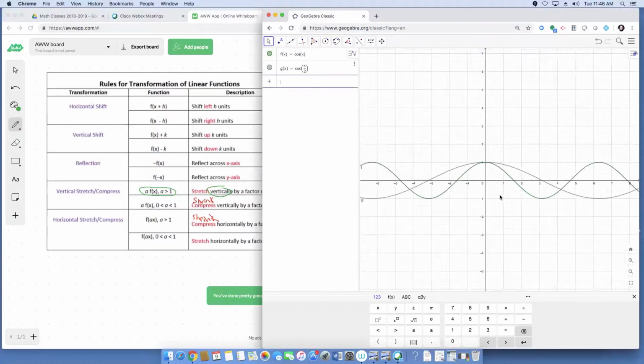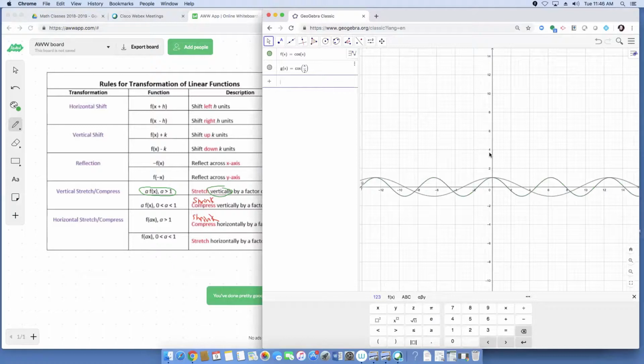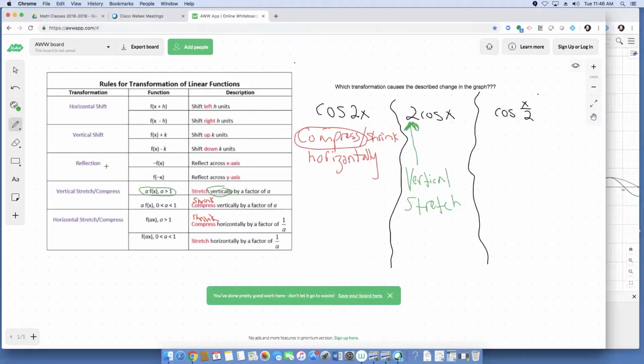So we can see that it really doesn't change height vertically. So this probably changed horizontally, right? The waves are a lot more spread out. So immediately I'm going to cross out, eliminate all the vertical options because I know it happens horizontally.